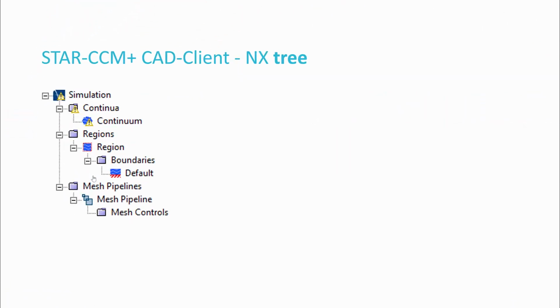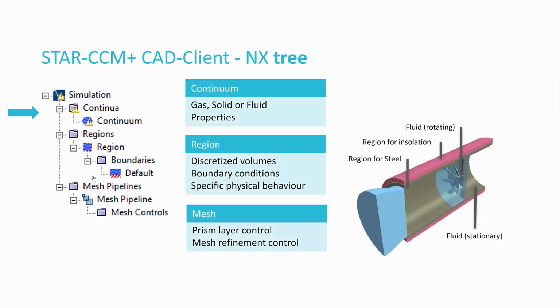In the tree, this is a straightforward workflow to set up your simulation from bottom to top. You can define your physics continuum, the flow of your physics. Is it a solid? Is it a gas? Is it a fluid? And all the properties. Next, you specify which region you are going to discretize and which boundary this region will have.